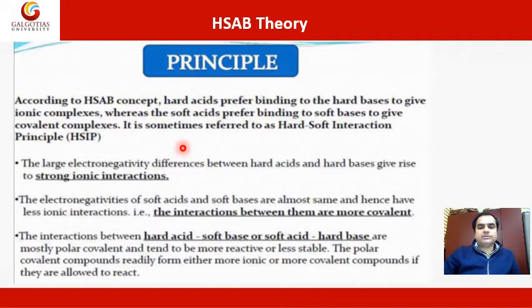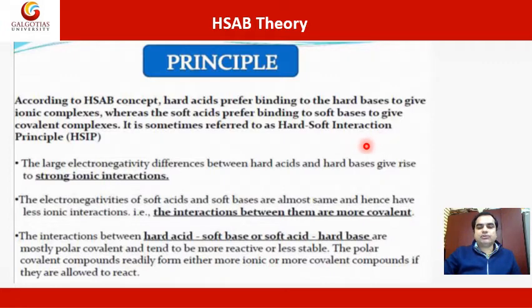According to the HSAB concept, hard acids prefer to bind with hard bases to give ionic complexes, whereas soft acids prefer to bind with soft bases to give covalent complexes.